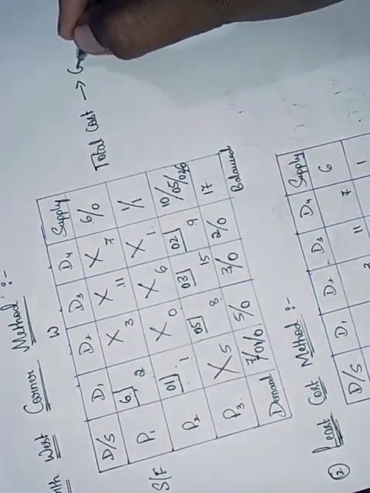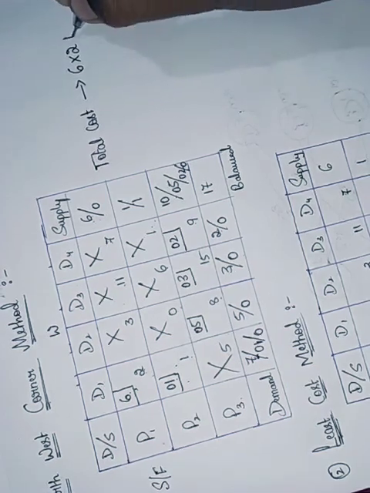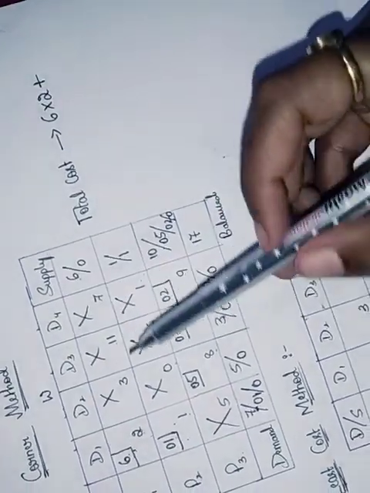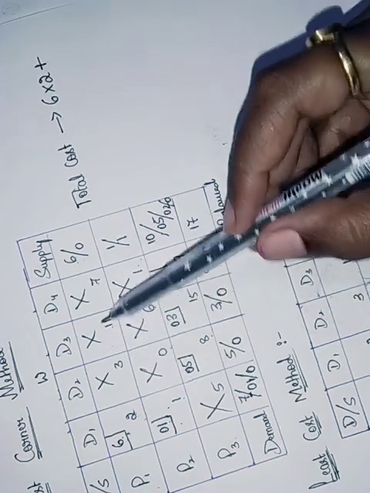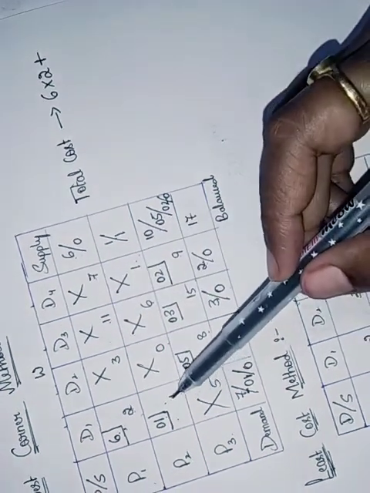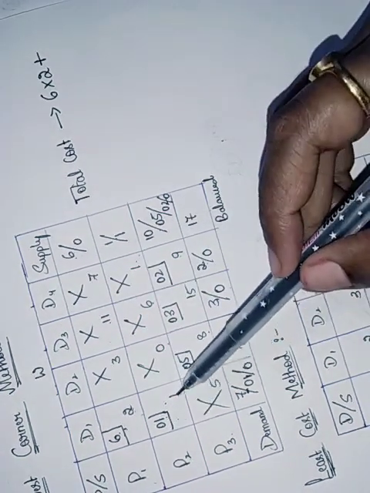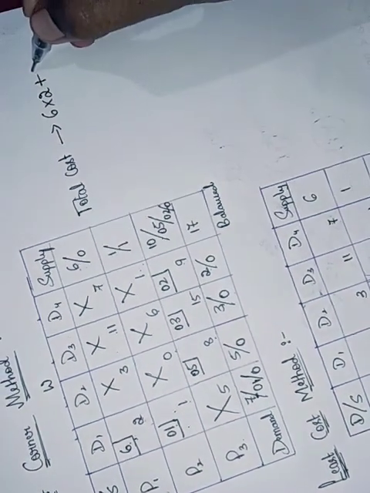So 6 into 2 plus, and in the first row we did not allocate anything. Come to the second row, I have allocated 1 unit at 1 rupee.